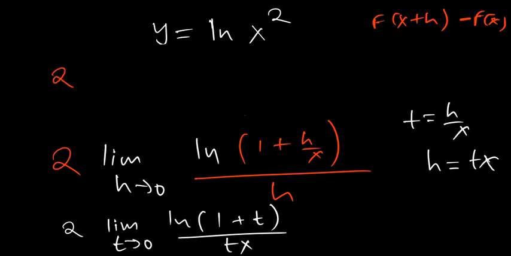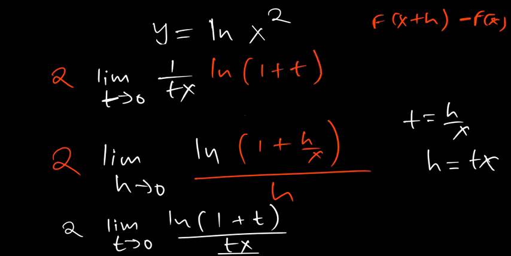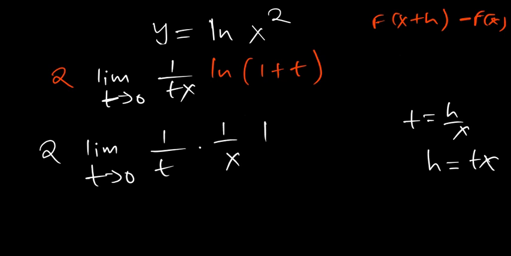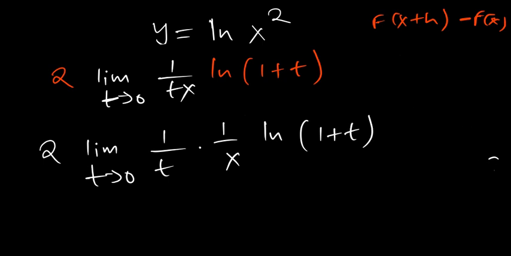So you have 2, the limit as t approaches 0, and then you can pull out that 1 over tx, so that you just have the natural log of 1 plus t in brackets. Now don't forget our identity, so we can separate at this point. T approaches 0, so you're going to have 1 over t multiplied by 1 over x. Now from the laws of logarithms, we know we can do some magic here, right?